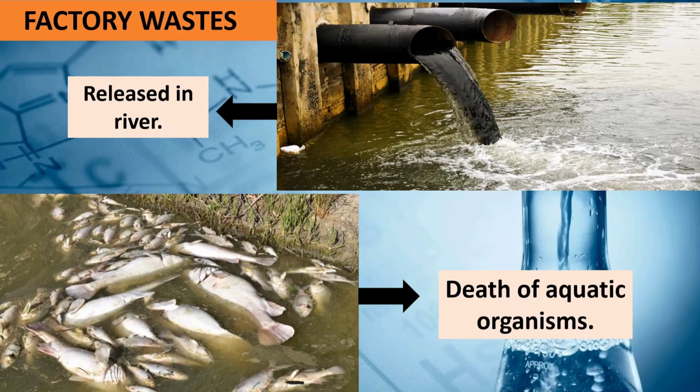So what we do is give some basic treatment of bases to this acidic waste of factories, and then it is released in the river, so that aquatic organisms are not affected by it. So these were a few of the applications of neutralization in our daily life.